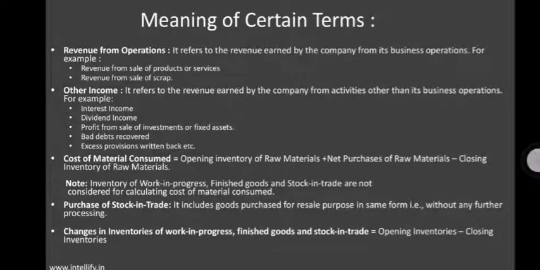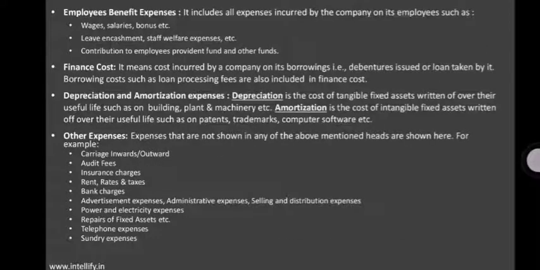Okay, now here we come to the meaning of certain terms. These terms I have explained to you earlier also. You can just have a look for your quick reference. Revenue from operations, other income, cost of material consumed, purchase of stock in trade, changes in inventory of work in progress, finished goods and stock in trade. Then we come to employee benefit expenses, finance cost, depreciation and amortization expenses and other expenses.